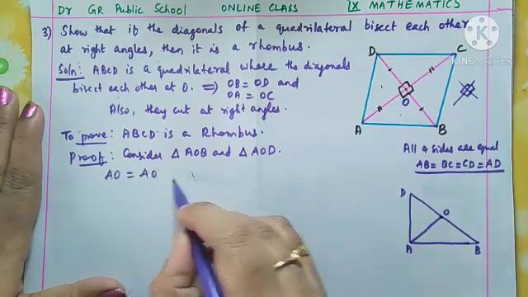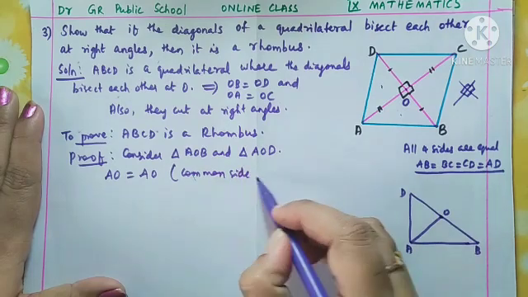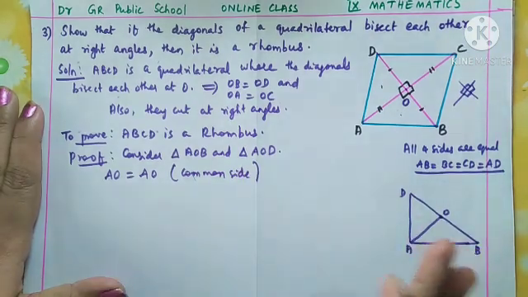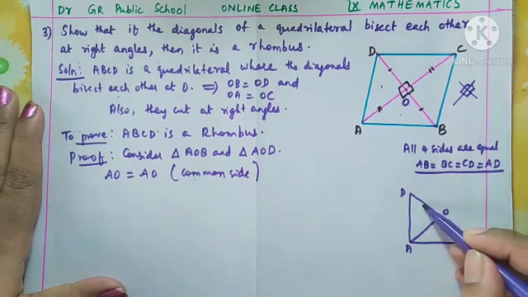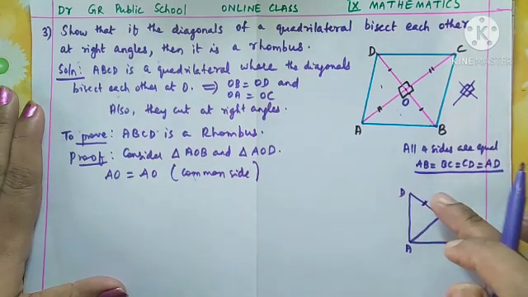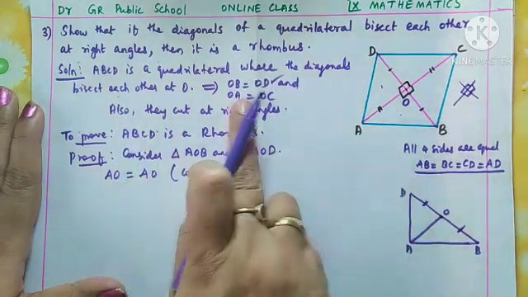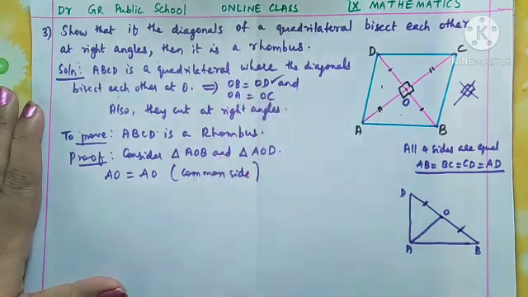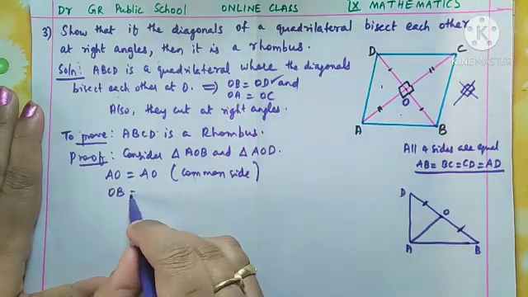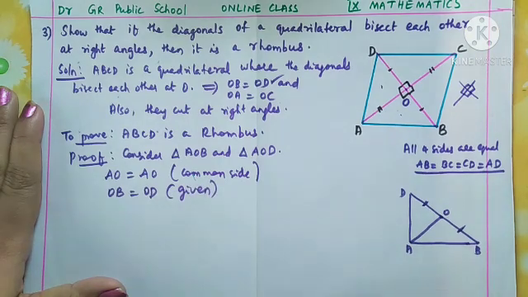AO is equal to AO, or OA, common side of the two triangles. Okay. Now what about this side OB and OD? From this triangle OD and from this triangle OB. What are these two sides? They are equal. OB is equal to OD from our given condition. Okay, so OB is equal to OD, that is given in the question.